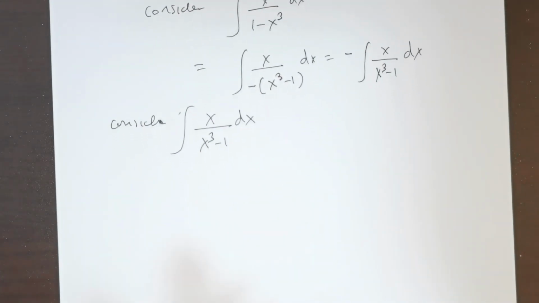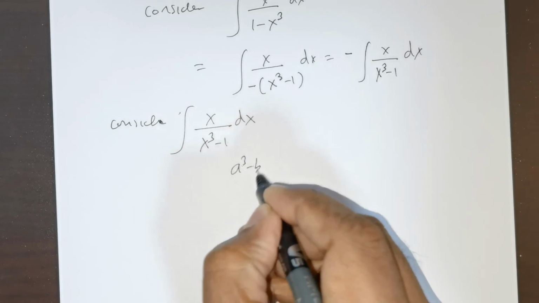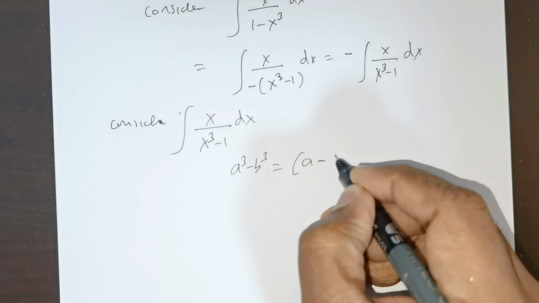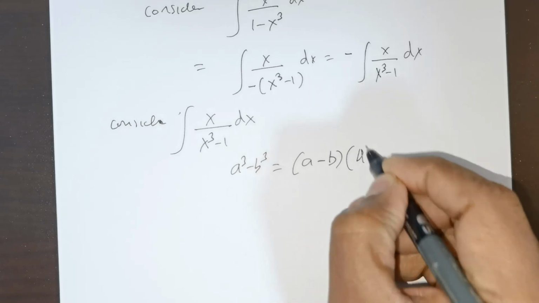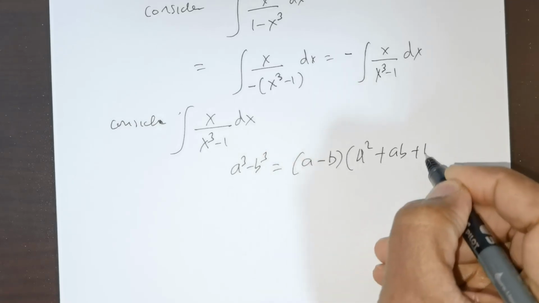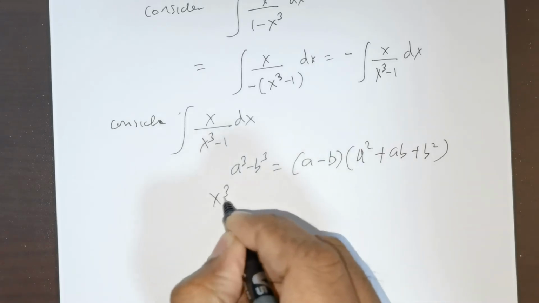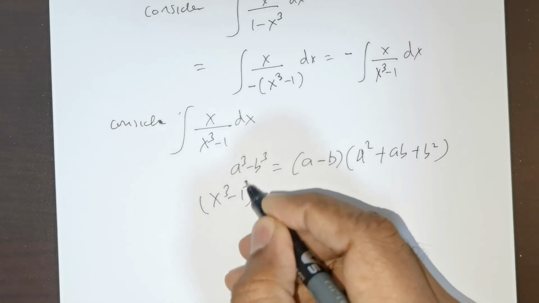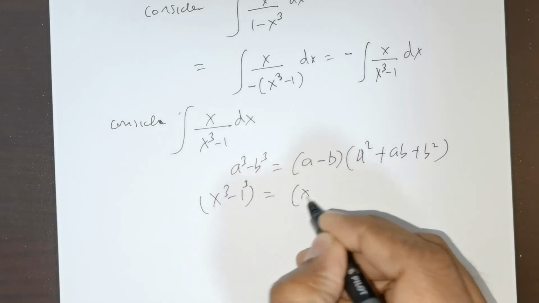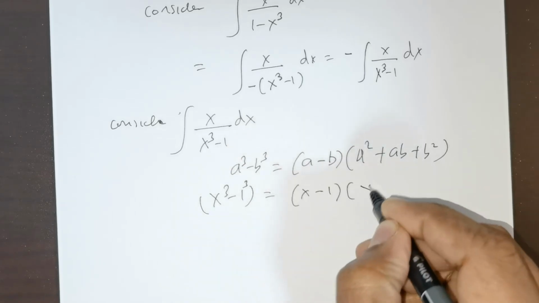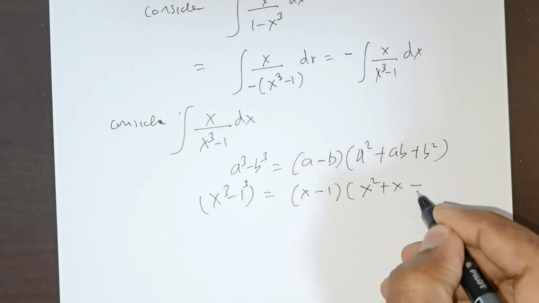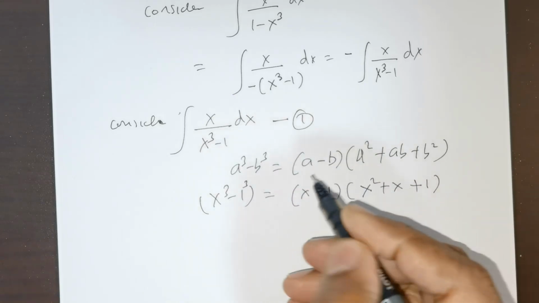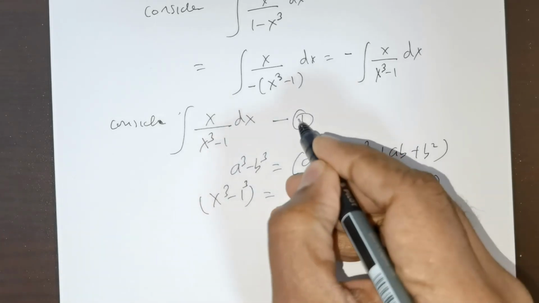times dx. Now there is a formula: a cubed minus b cubed is written as (a minus b) times (a squared plus ab plus b squared). By this formula, x cubed minus 1 cubed, it doesn't matter whether you write 1 or 1 cubed, it means the same. It's going to be (x minus 1) times (x squared plus x into 1, which is x, plus 1).